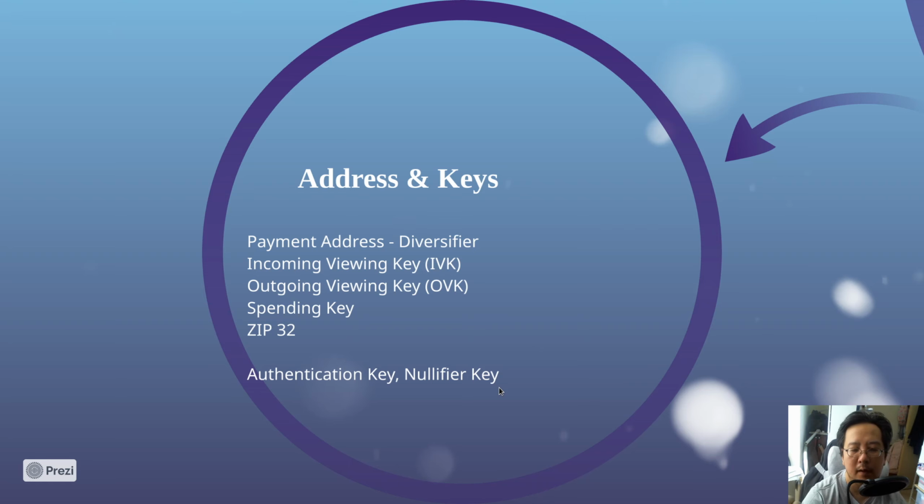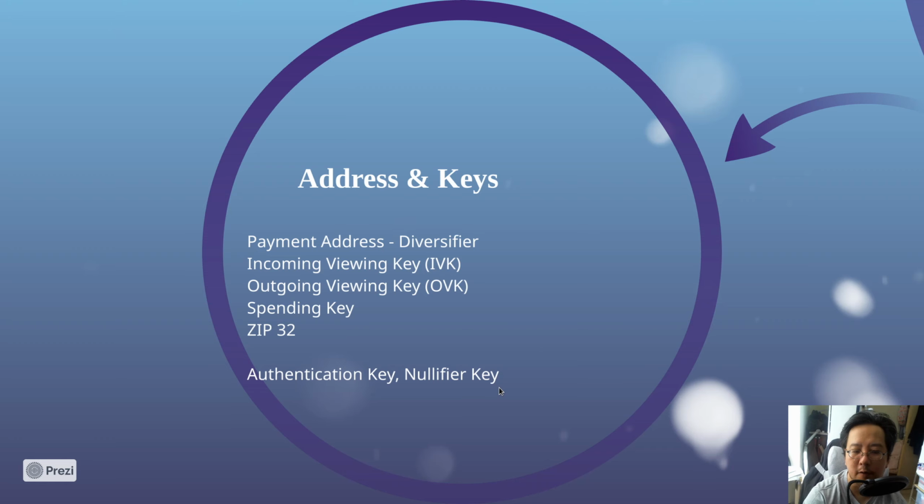You, on your side, have this incoming viewing key, which allows you to decrypt these incoming transactions. So when you receive money, since the transactions are encrypted, you need that viewing key in order to decrypt them. Otherwise, they will be shielded.